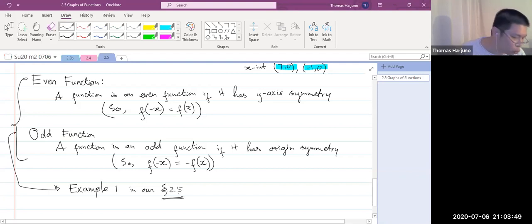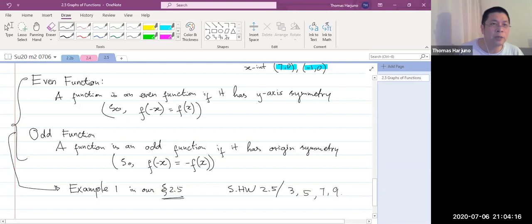Tomorrow I will do a little problem from here, just to confirm that you have it. For this 2.5, your suggested homework will be 3, 5, 7, 9.